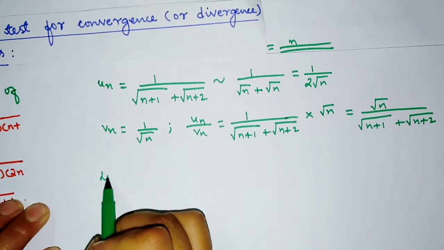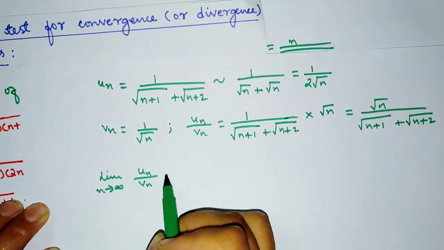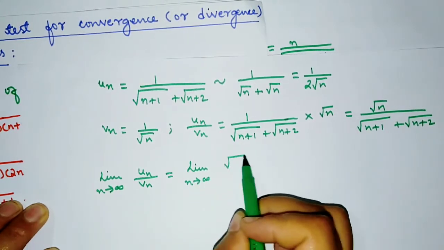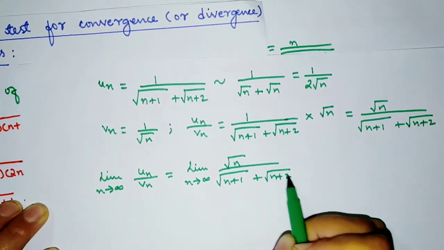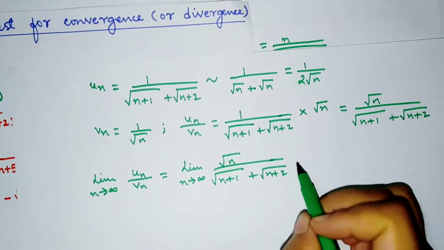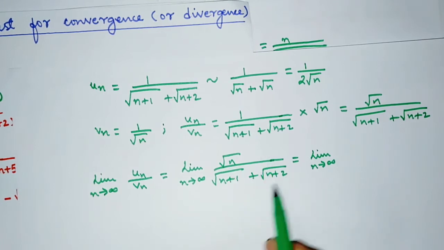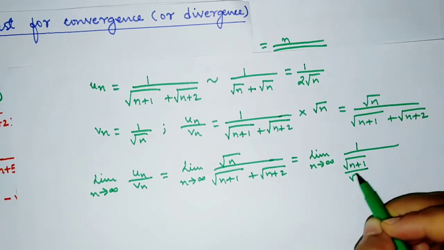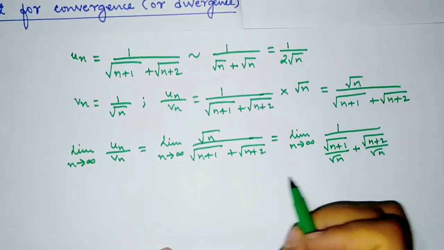Now take the limit n tends to infinity, un by Vn, of root n upon root n plus 1 plus root n plus 2. Next take root n to the denominator. So we have root n plus 1 by root n plus root n plus 2 by root n.